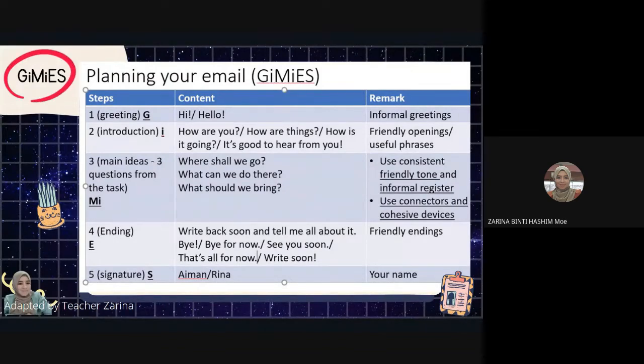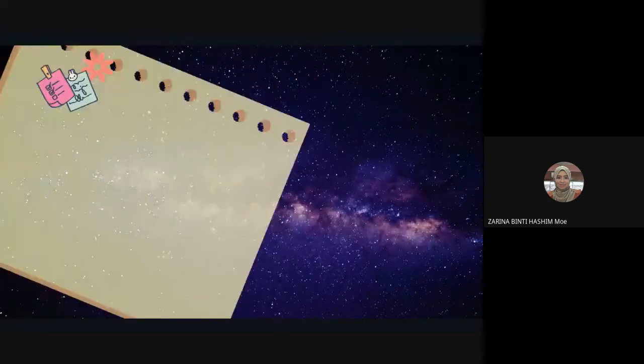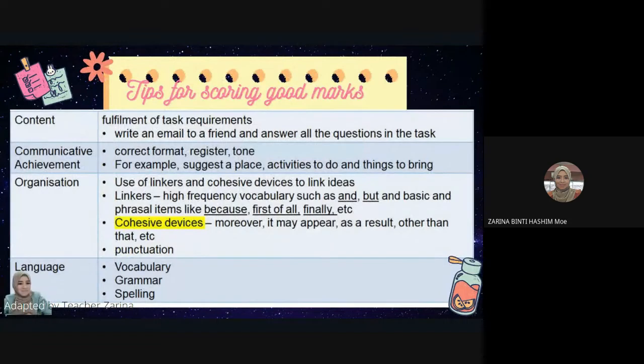This is what the teacher or the examiner will refer to when they mark your essay in SPM, to give you marks. These are the tips for scoring good marks in each component.